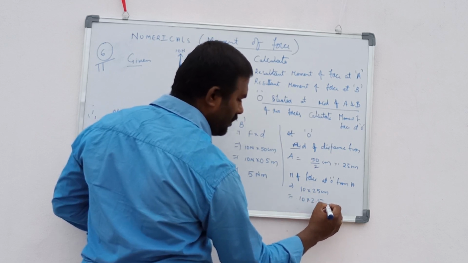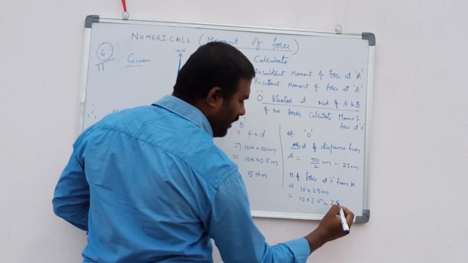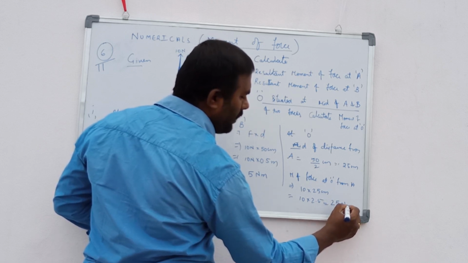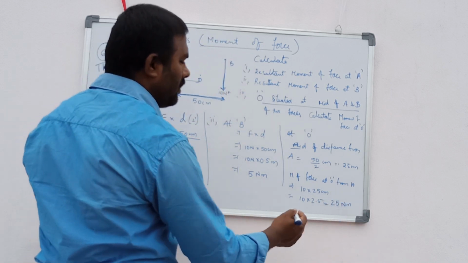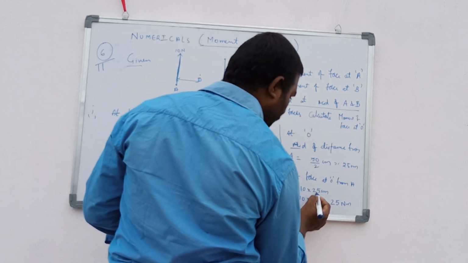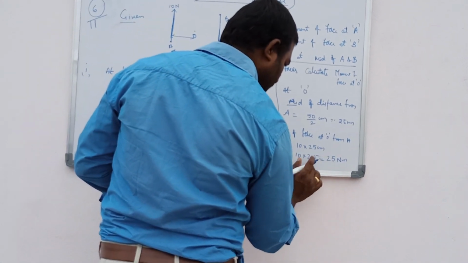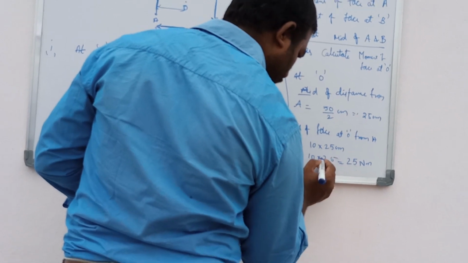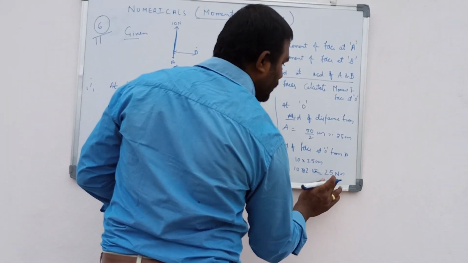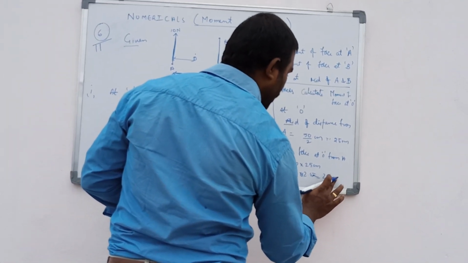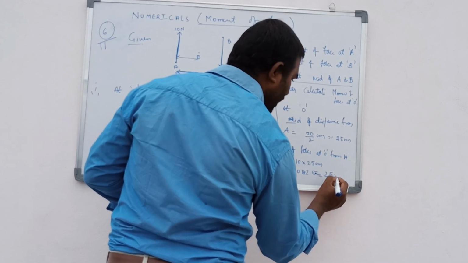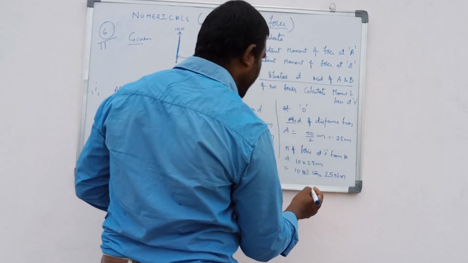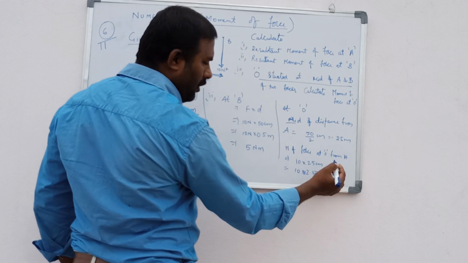Sorry, 25 centimeters will become 0.25 meters. So 10 into 0.25 meters is nothing but 2.5 Newton meters. Same as it is from B, 2.5.